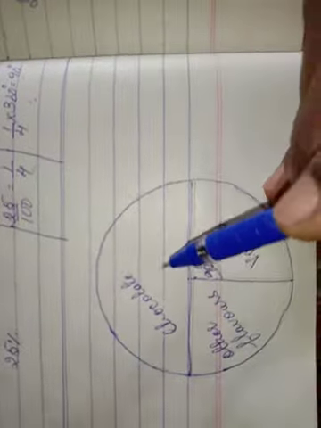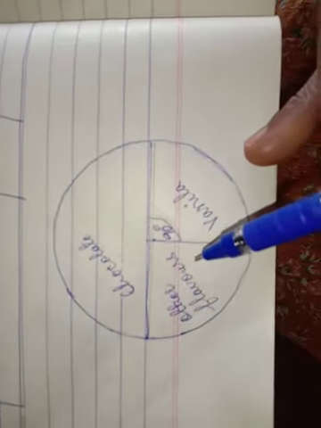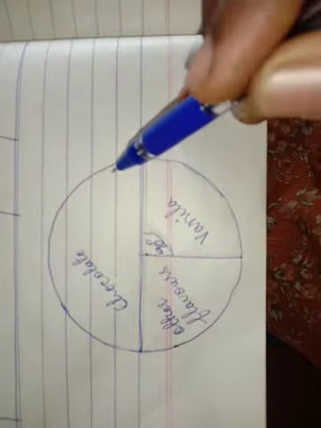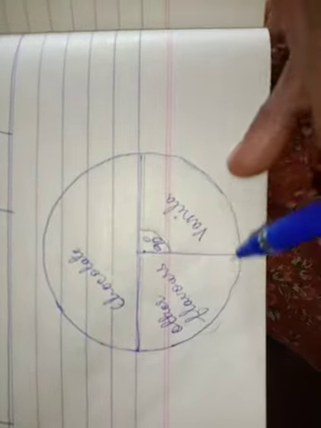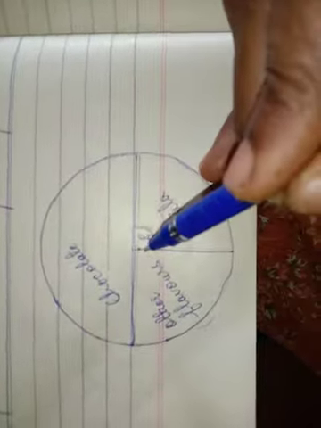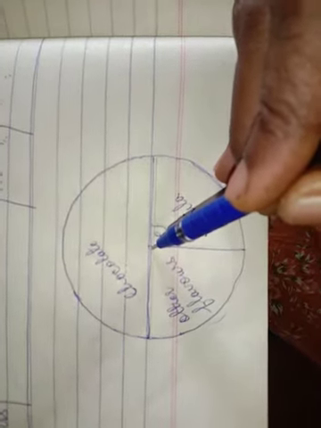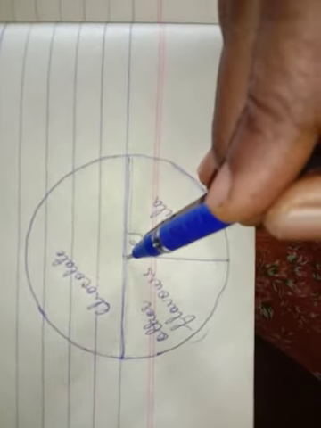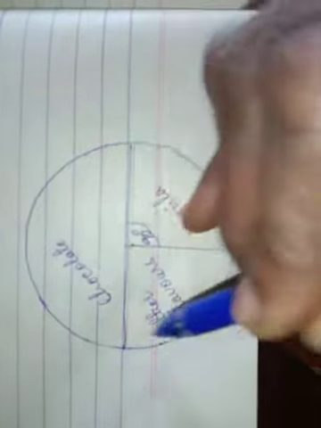Now to plot a pie graph, pie chart or circle graph, first listen carefully all of you. First, this is a circle. You can take a 5 centimeter radius, or 4 or 6 centimeter radius, and draw a circle.